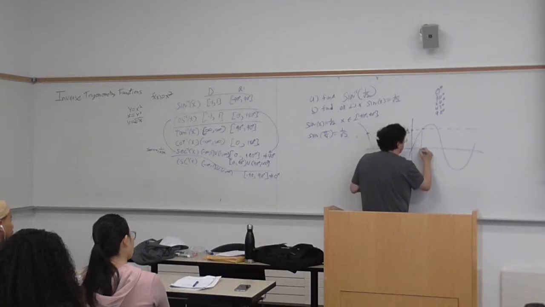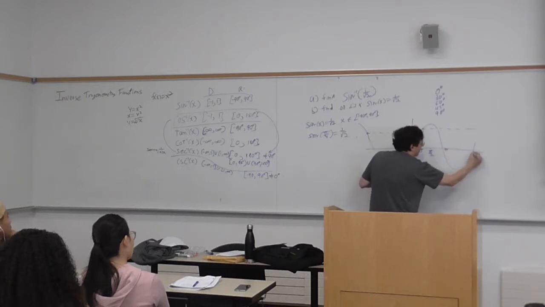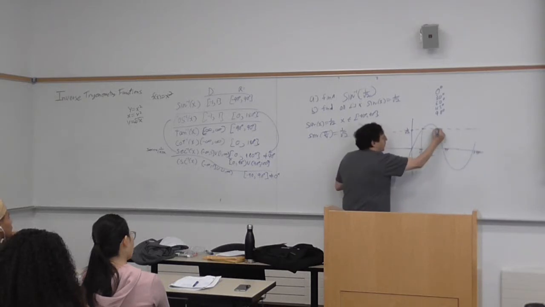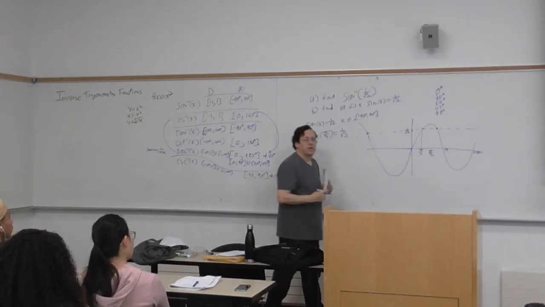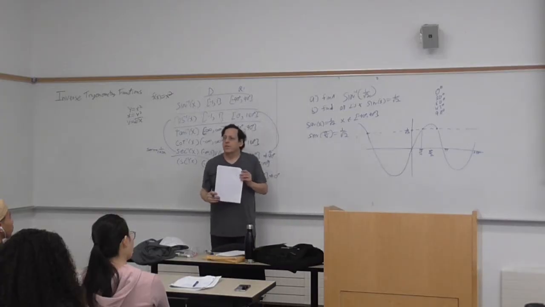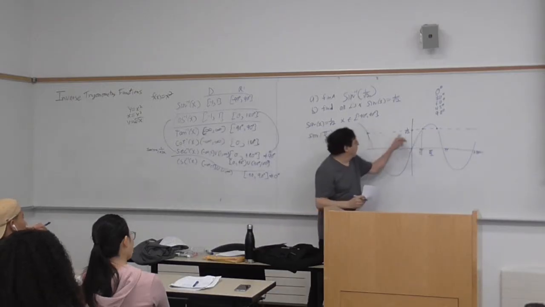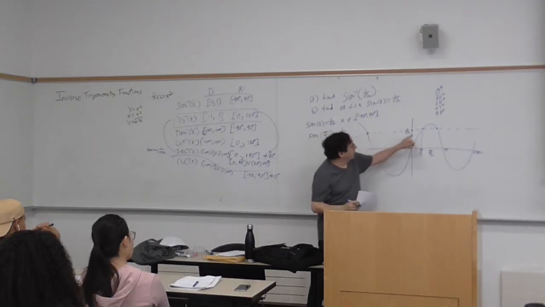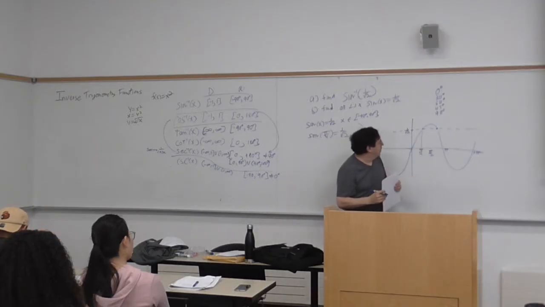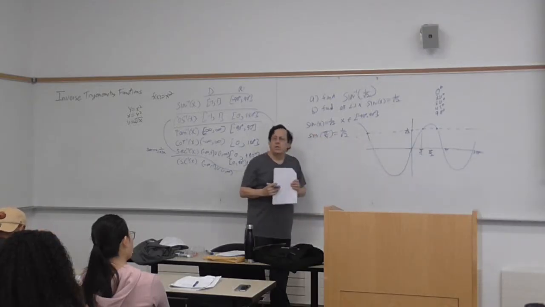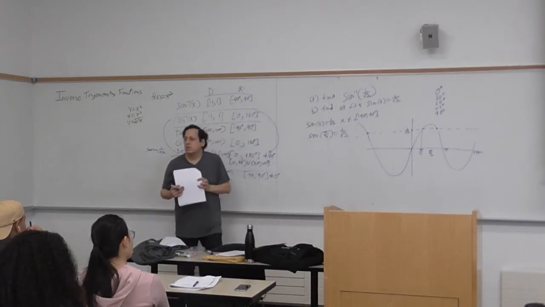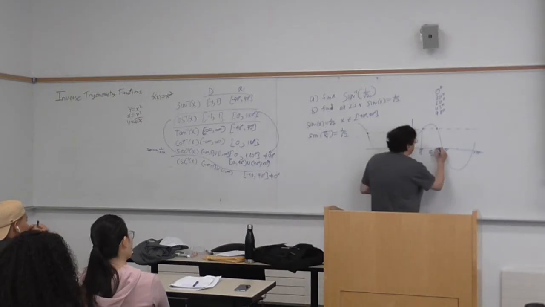Pi over 4. It's pi over 2. There's pi over here. But I'm going to pass through another point here, right? Or this point, if you like. It's a little harder to figure out. What's this point here? 3 pi over 4, right?